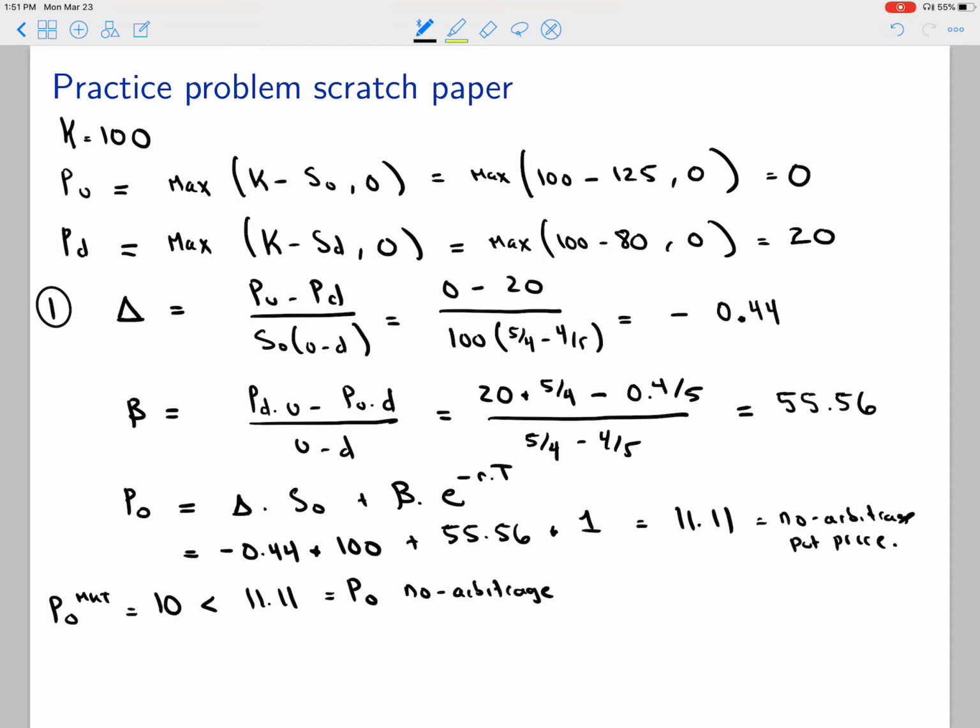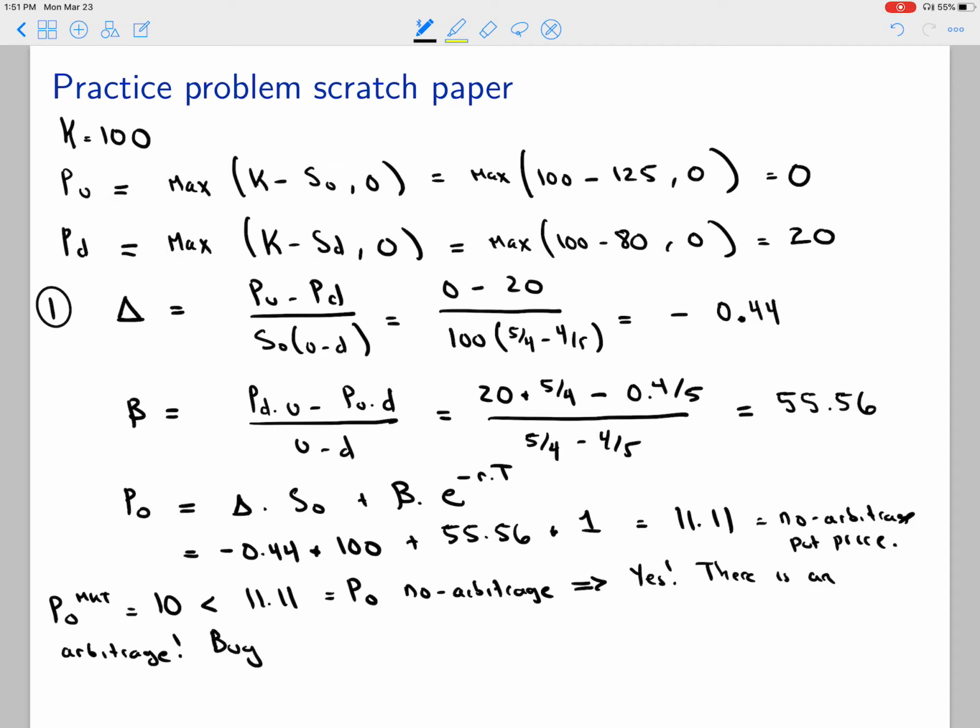So this implies that yes, there is an arbitrage. These two must be equal or else there is an arbitrage. The put price in the market is too cheap, while the replicating portfolio is considered relatively expensive. So we buy low, we sell high.